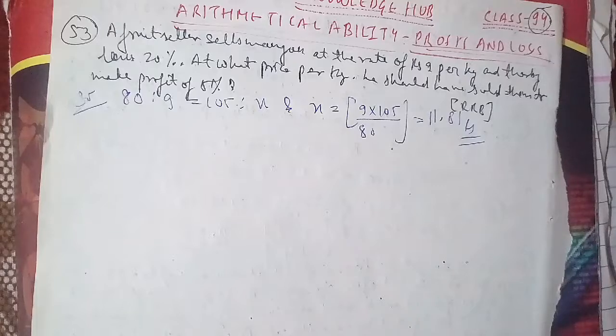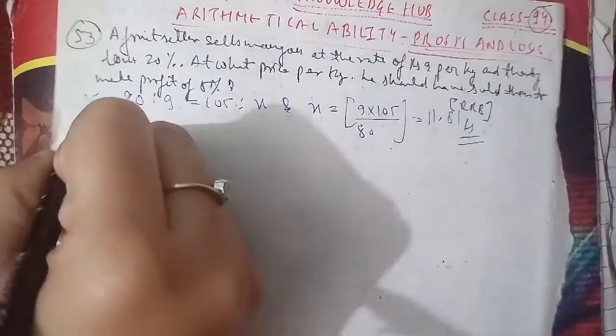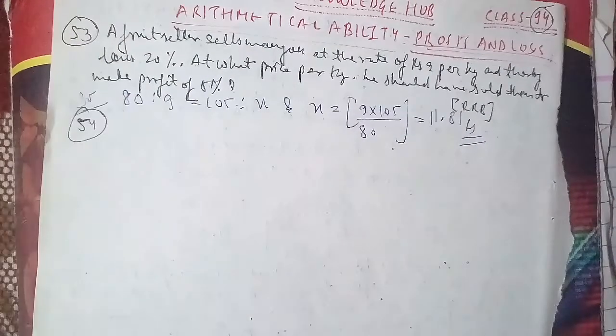Now we go ahead for the next one, which is the 54th question of the session. The question is: a property dealer sells a house for ₹6,30,000 and in the bargain makes a profit of 5%.